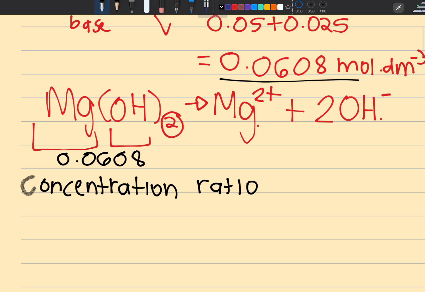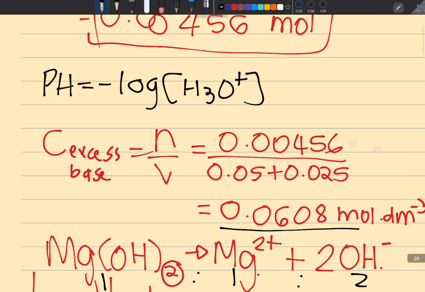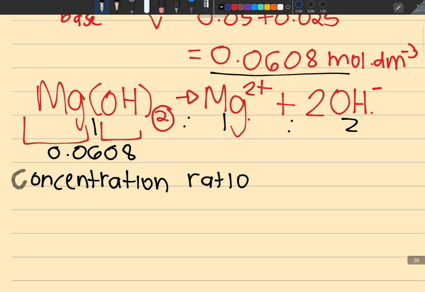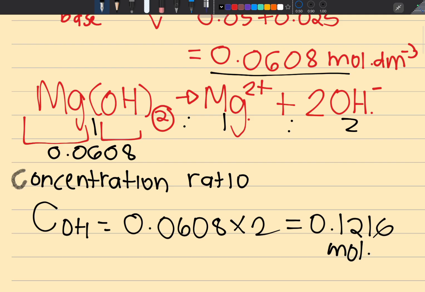The ratio is 1:1:2. I want to find the concentration of OH minus. So the ratio is 1:2, which means the concentration of OH minus is going to be 0,0608 times 2, and that gives me 0,1216. That is my concentration for the hydroxide ions, mole per dm cubed.